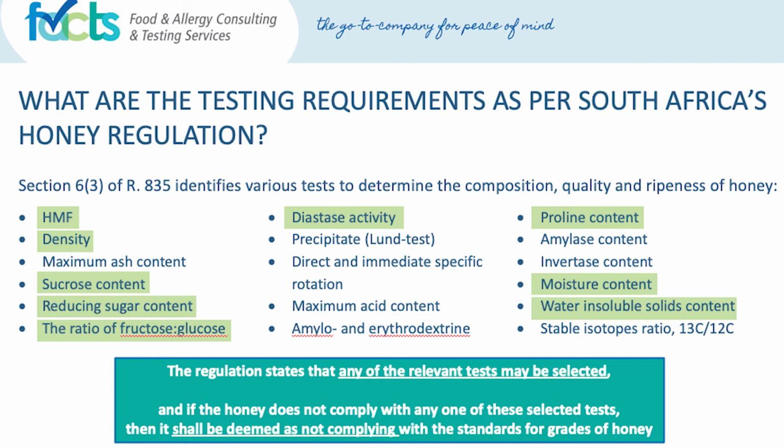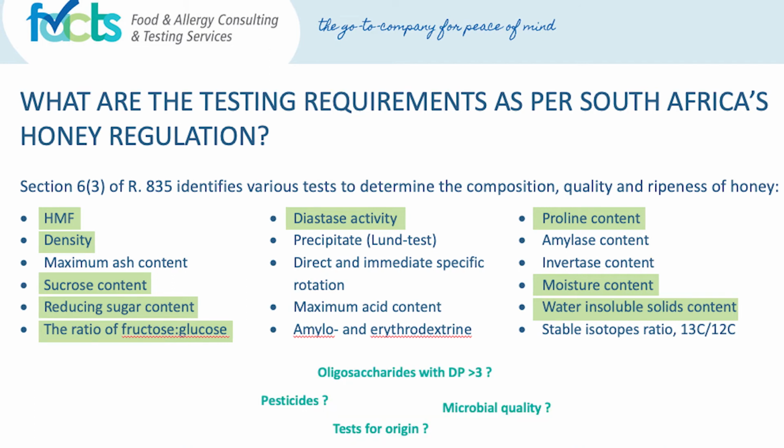The regulation states that any of these tests may be selected, and if the honey does not comply with any one of the selected tests, then it shall be deemed as not complying to the standards for the grades of honey. As you can see, many of the tests on screen we've already discussed throughout this presentation, namely HMF, density, the sugar profile, diastase activity, proline content, moisture content, and water-insoluble solids content.